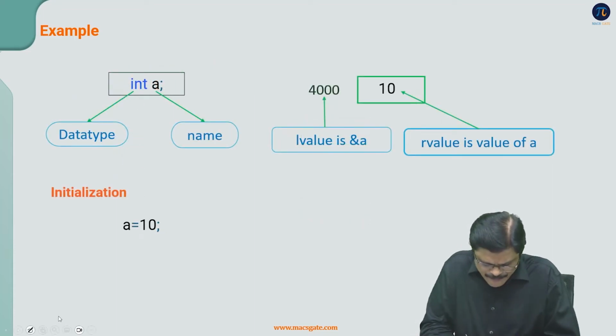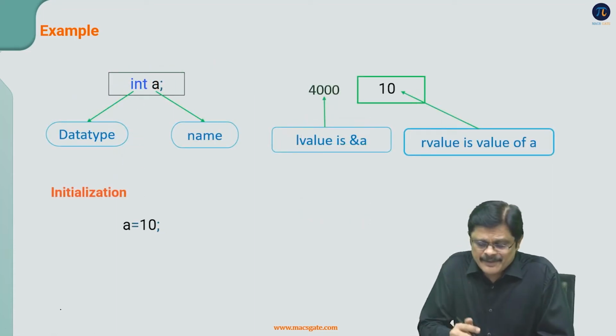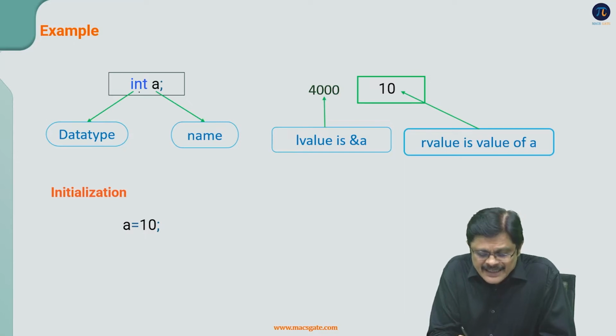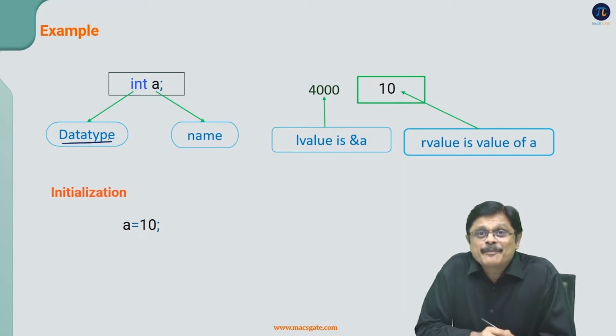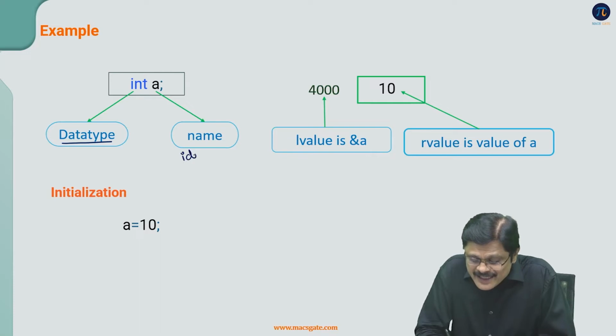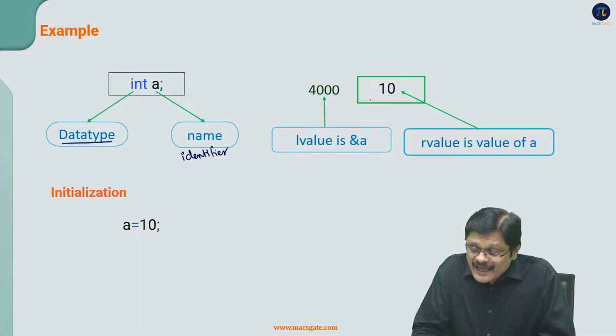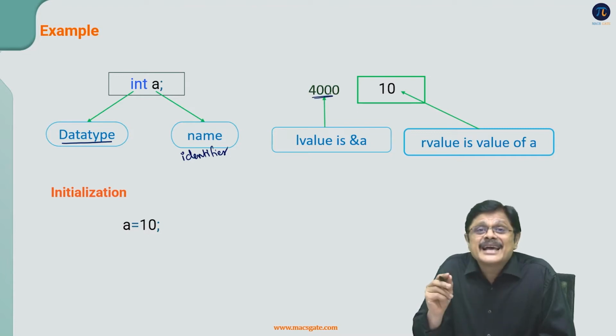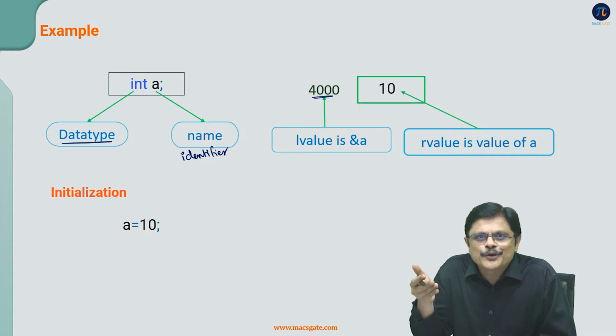Now, as I told you, when you write int a, this is the data type. Type means data type, integer data type. This a is the name, the identifier. Then address. Address is L value. I just gave 4000; don't take it that for every variable 4000 is the address.